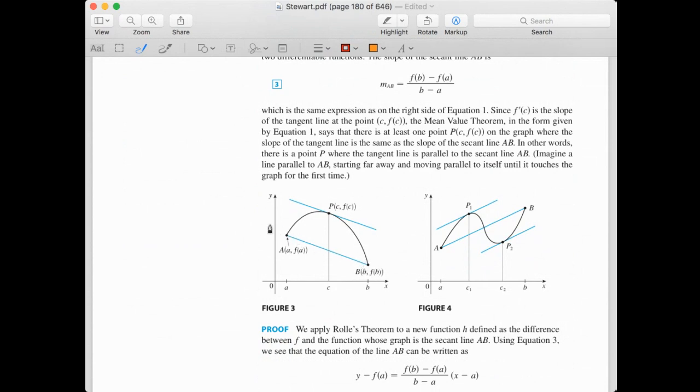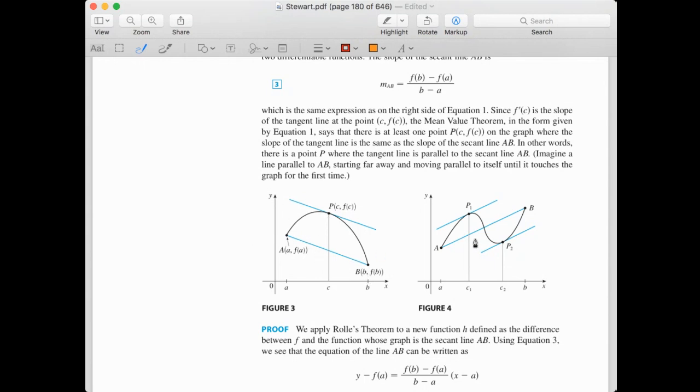And we can talk about the slope of this line, right? Just f of b minus f of a divided by b minus a. That's the slope of this line. The mean value theorem says there must be a point c, and the derivative at the point c is the same as the slope of this line. Basically saying those 2 lines are parallel.